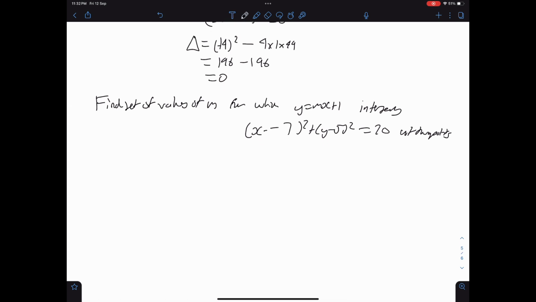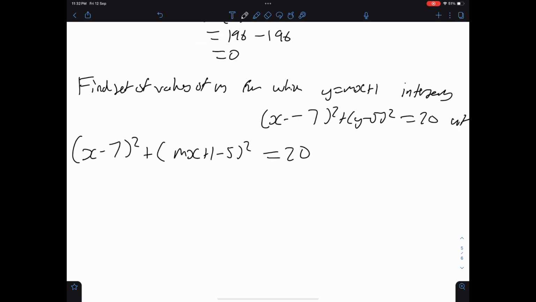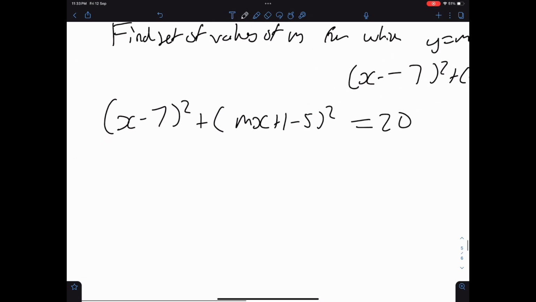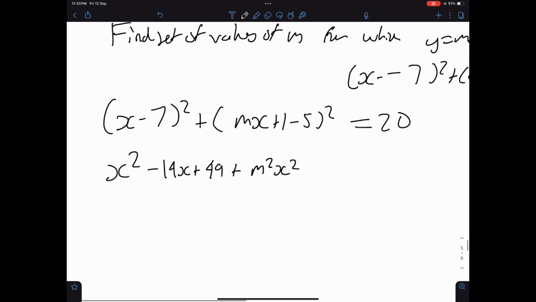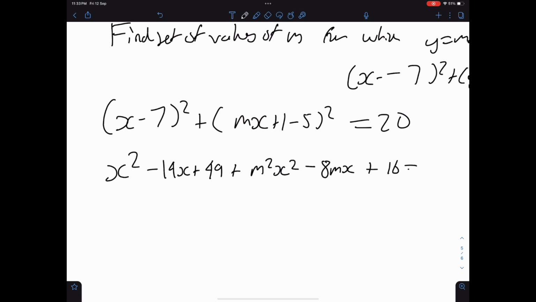And so essentially we will do the same substitution, and then we'll go ahead and expand first. m squared x squared, and that 1 minus 5 is minus 4, so that's minus 8mx plus 16 equals 20.